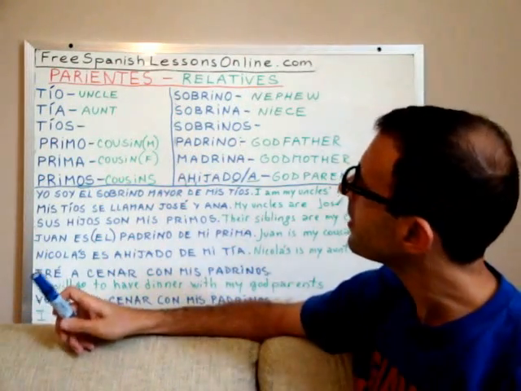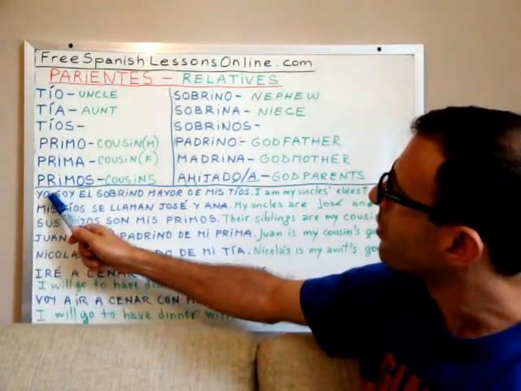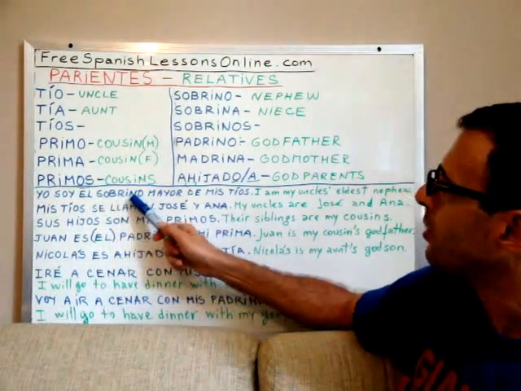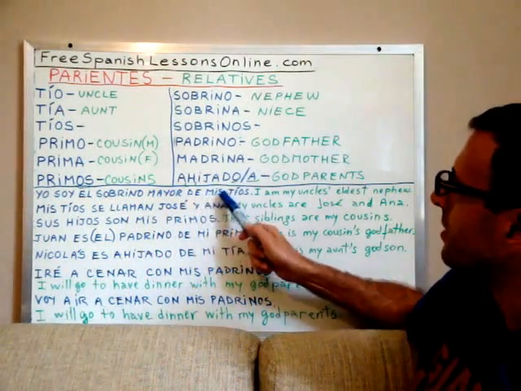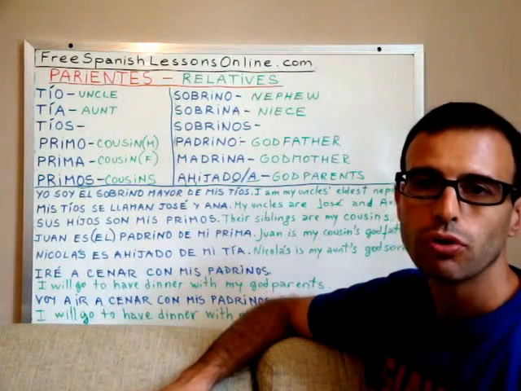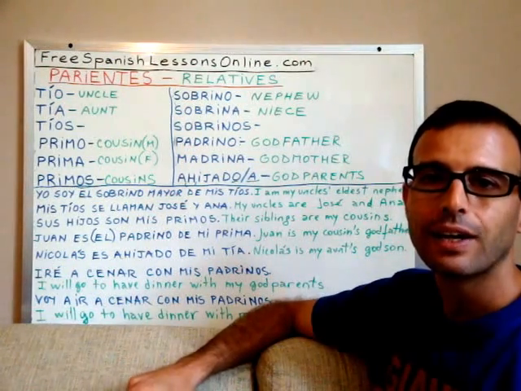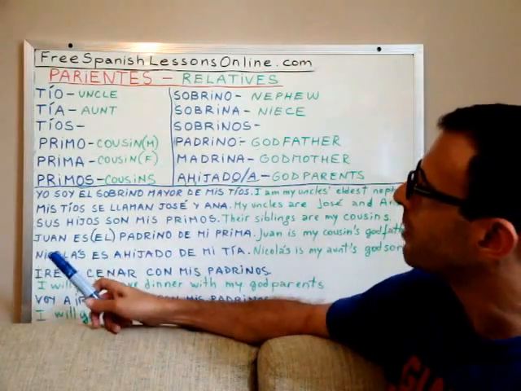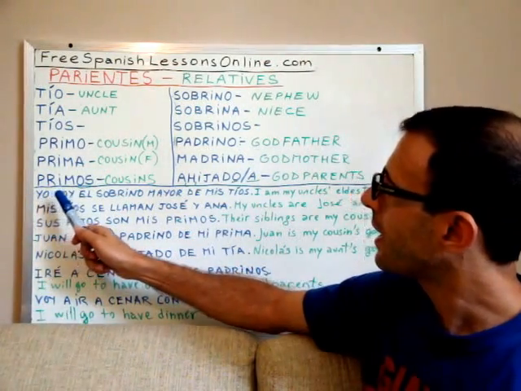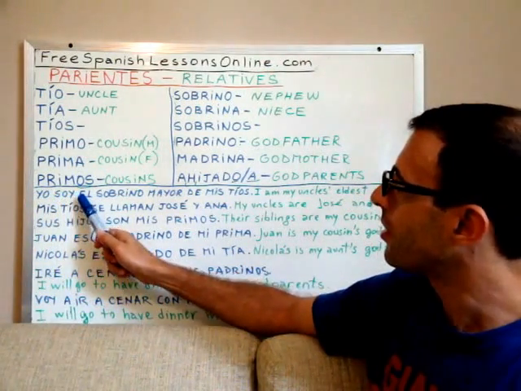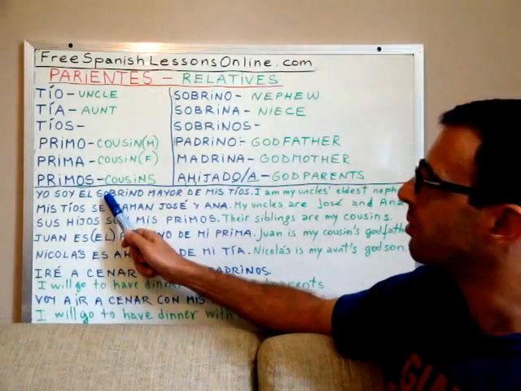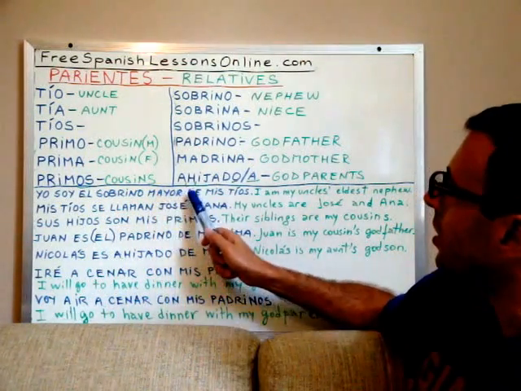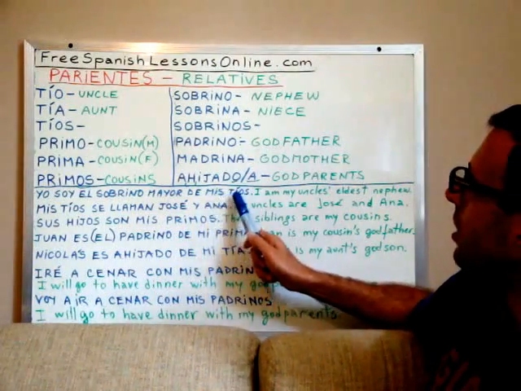Okay, so let's begin with our first sentence. Yo soy el sobrino mayor de mis tíos. This means I am the nephew, oldest or older, of my uncles.